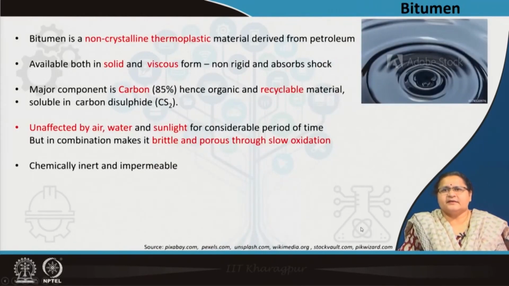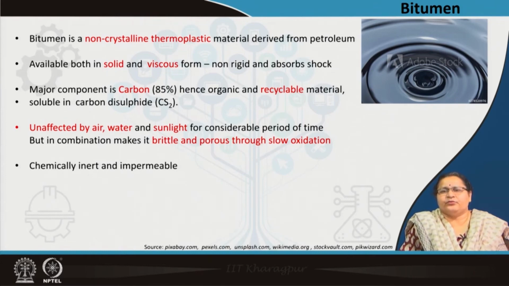So, now let us come to the material bitumen. Bitumen is one material which was extensively used in damp proofing when we are talking about buildings, but bituminous materials are widely, maybe 80%, used for roads, which is not under our purview.